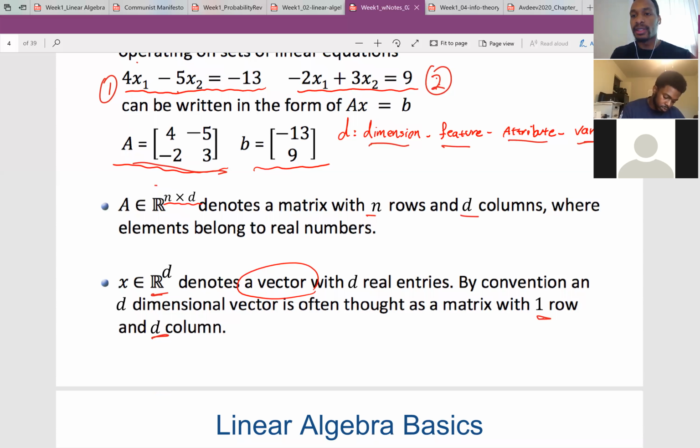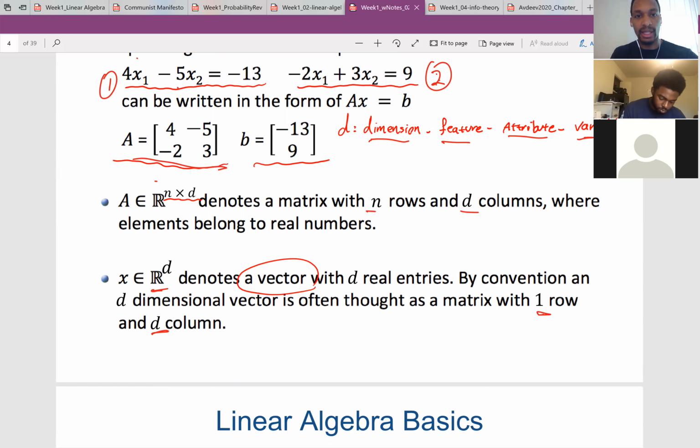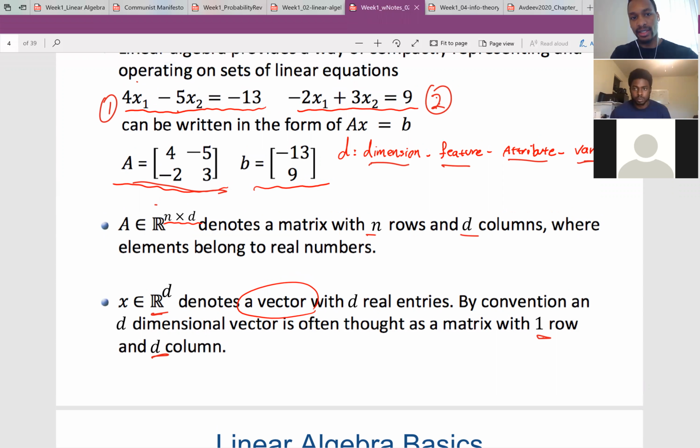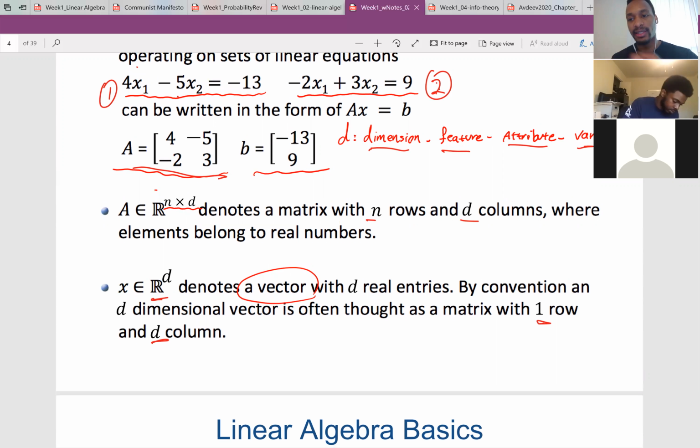But if you think of them as variables, if you're trying to fit a line or some curve, these x's represent the coefficients of that fit. That's the idea. Okay.